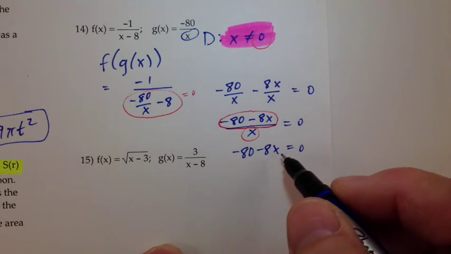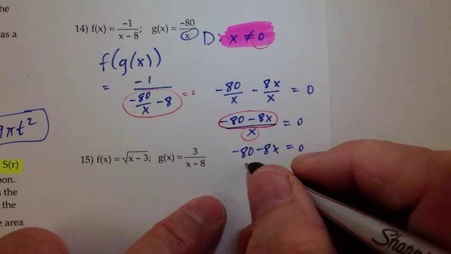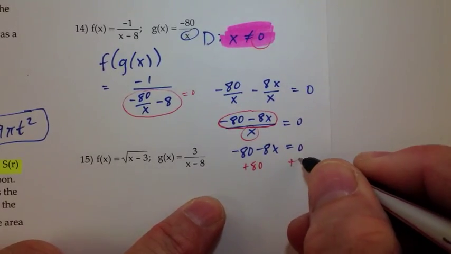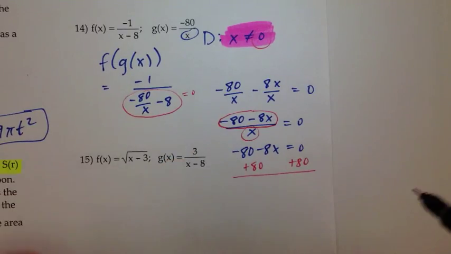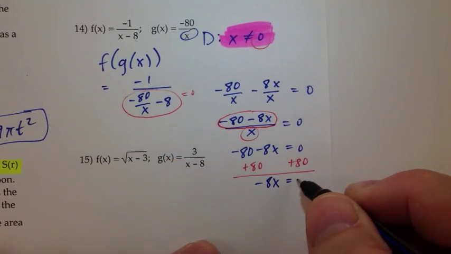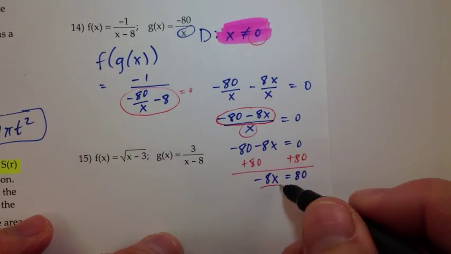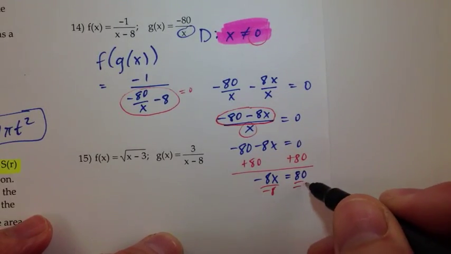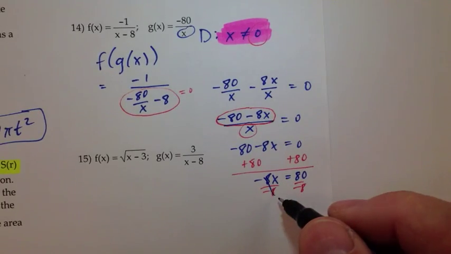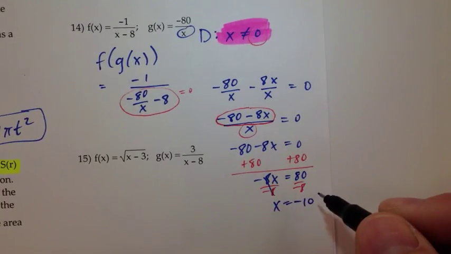So when we set the numerator equal to 0, we have to solve for x. We're going to add 80 to both sides, and we get -8x equals 80. And then when we divide both sides by -8, we get x is equal to -10.